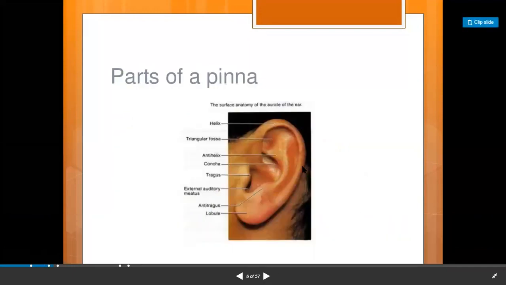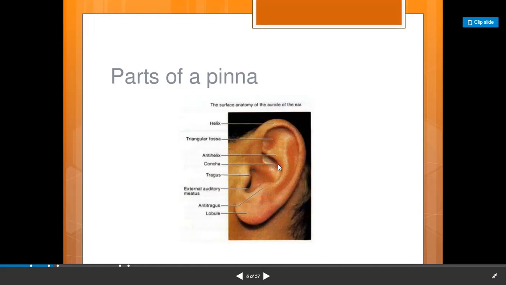Okay, when you just look at this pinna, there are certain parts like ear lobule. Okay, and this is tragus. Quite opposite to that, we have antitragus. This is the passage which is leading into external acoustic meatus.